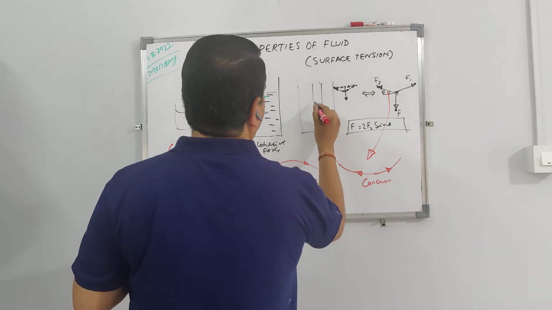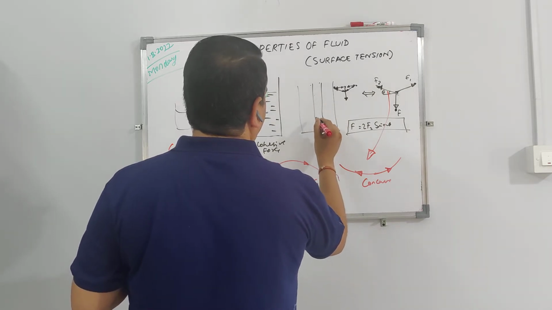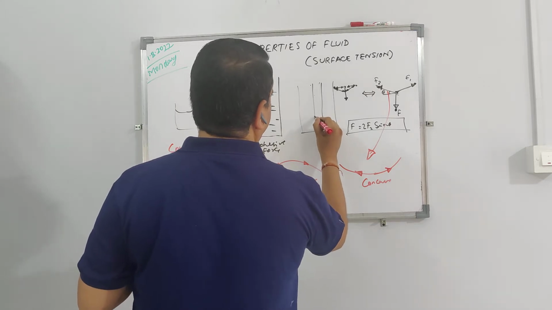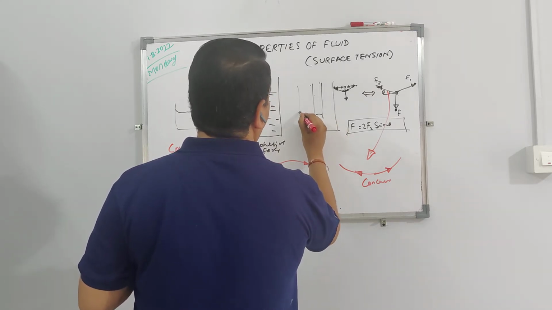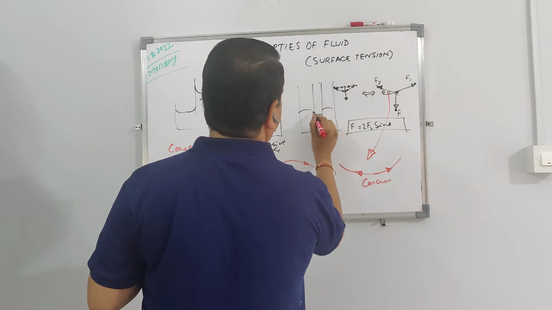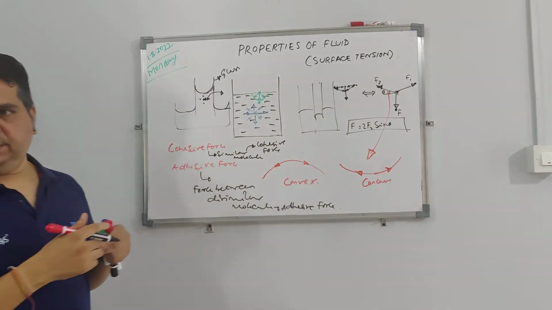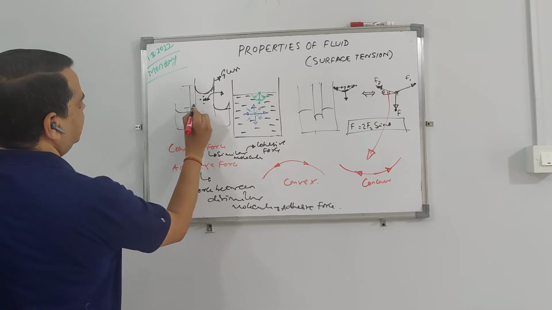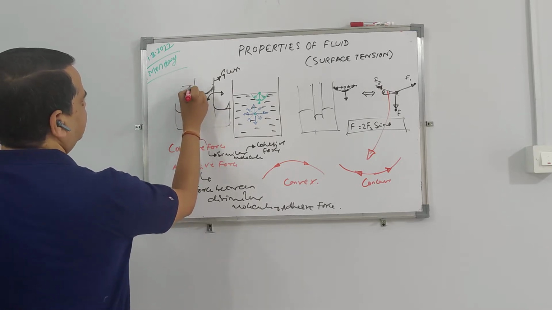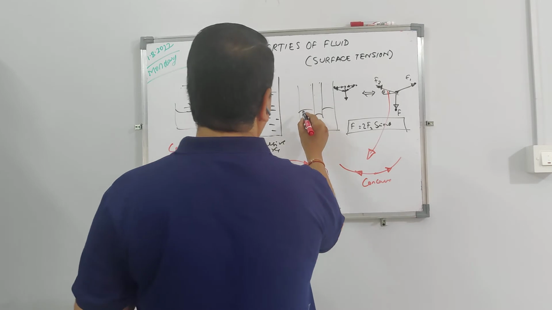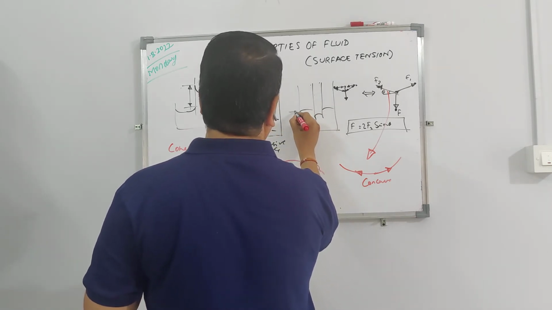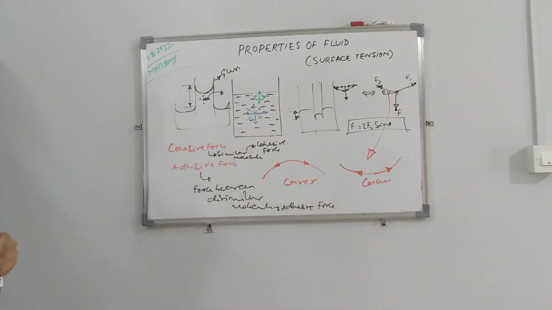It will dip like this. So here this is your capillary rise, but here this is a drop, in case of mercury.